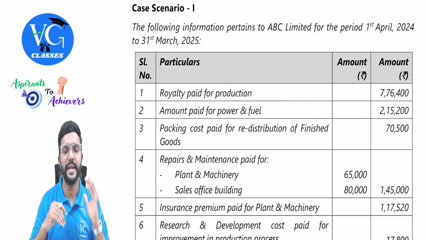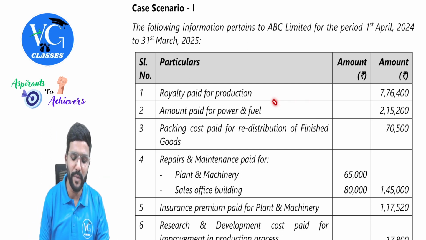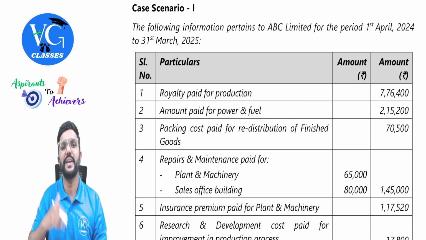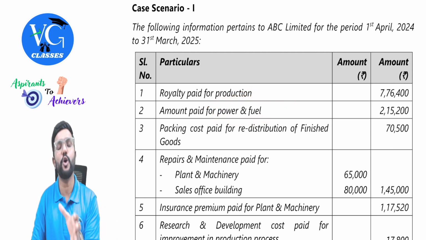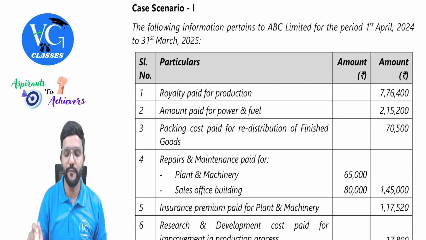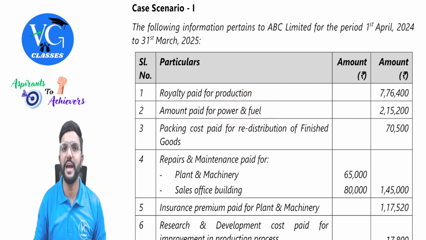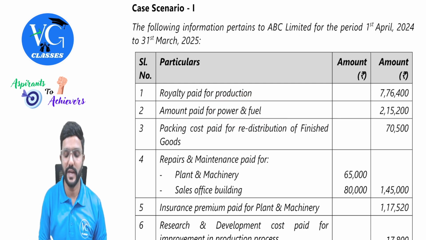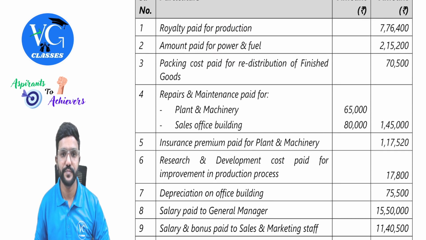If it is incurred in the factory indirectly to support manufacturing, in that case you can consider it as factory overheads. But here, power and fuel depend on how many units are produced. The more units we produce, obviously the more power and fuel we have to consume. So we can consider it as direct expenses, which comes before prime cost.